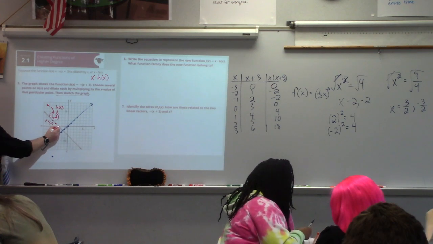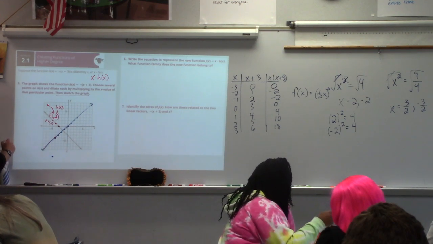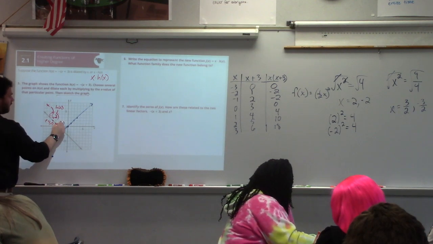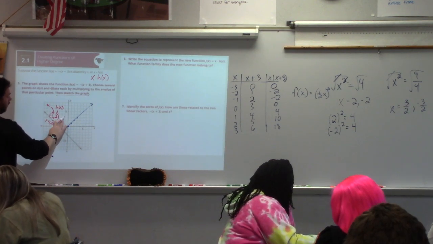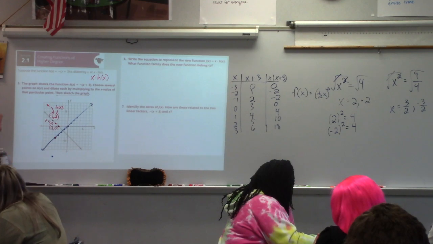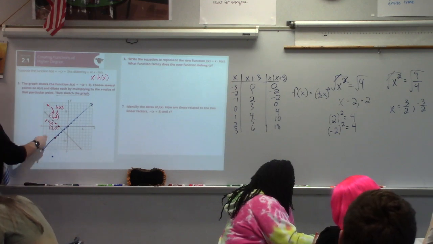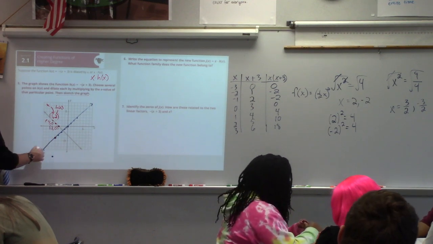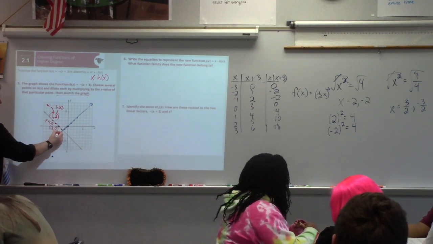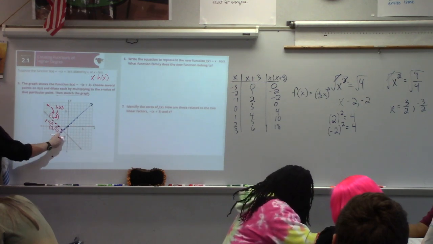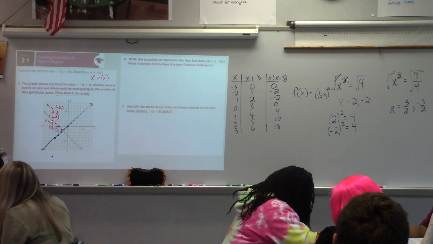Then I look at the next point on this line. That's what point? -3, 0. And I need y'all to be careful because one of the biggest issues I saw, a very disturbing issue on the test was, hey, we did not write x-intercepts or y-intercepts the right way. We switched them. It's x and then y. Okay, so what's -3 times 0? 0. So that's the same. This point right here is -2, -1. -2 times -1 is 2.